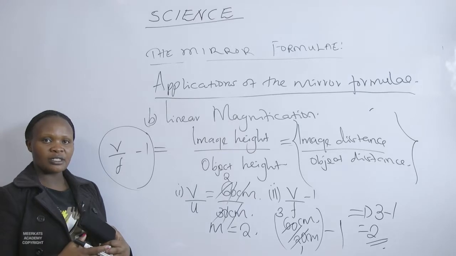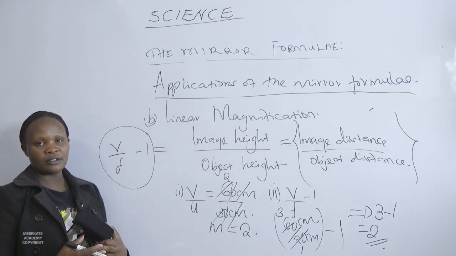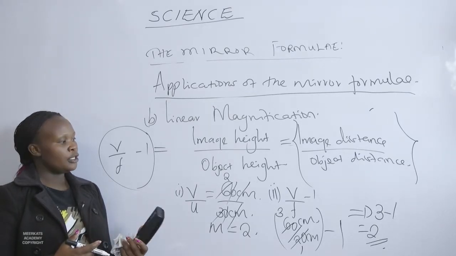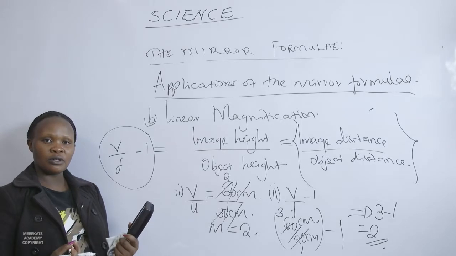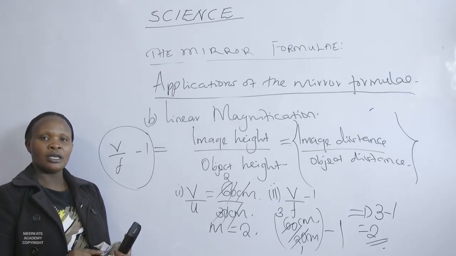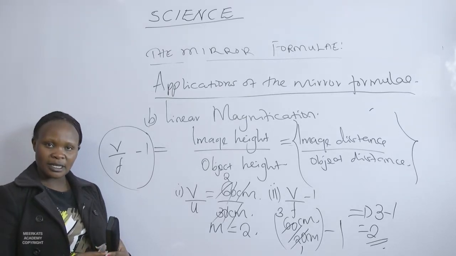Now that brings us to the 5th aspect of the images that we have. When you draw the image to scale, you give the 4 characteristics that we give. That's the nature, the posture, the position, and the size.